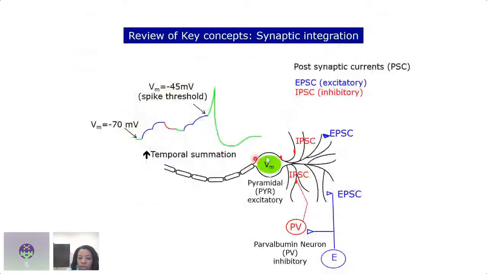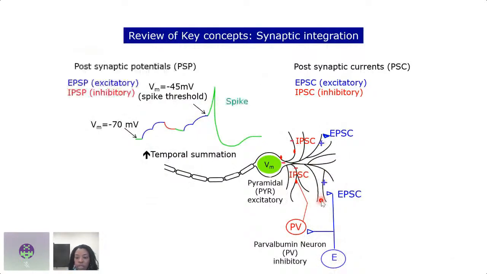So you have the pyramidal neuron, which is receiving inhibitory inputs primarily from the PV, or parvalbumin positive, inhibitory interneurons. And they're also receiving excitatory inputs from layer 4. So the excitatory inputs and the inhibitory inputs result in the influx of positive and negative charges respectively into this pyramidal neuron. And in this particular example, the net effect of that is to move the resting membrane potential from -70 millivolts to some spike threshold.